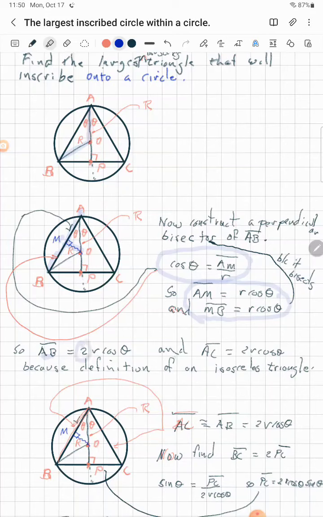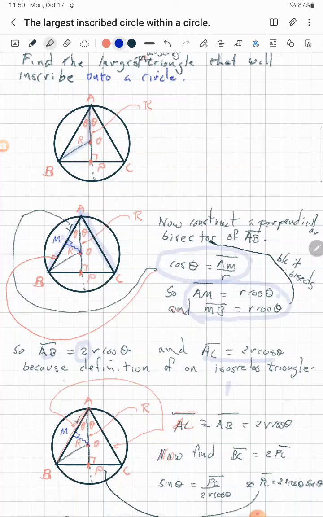And then AC, from here to here, you see it? That one right here is the same length as 2R cosine theta because it's an isosceles. By definition, an isosceles triangle has at least two sides that are congruent. Okay. So now that we got that part, let's move up just a little bit here.